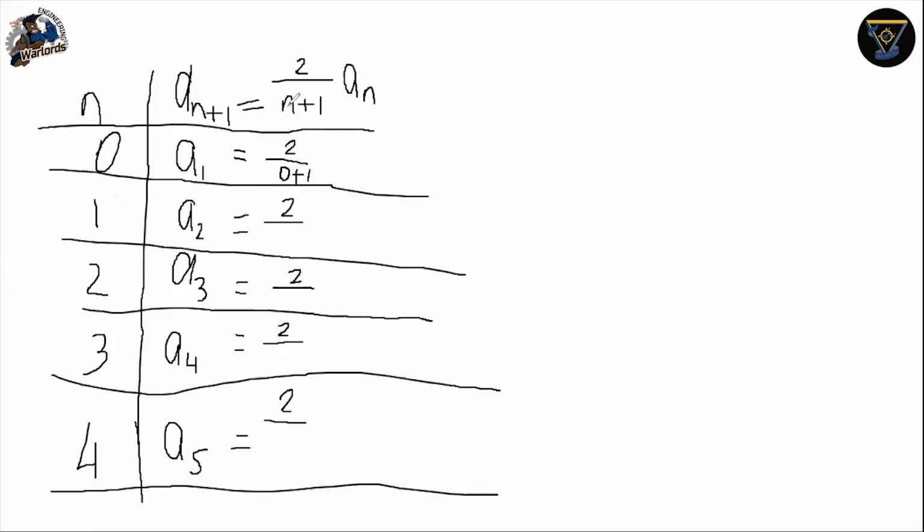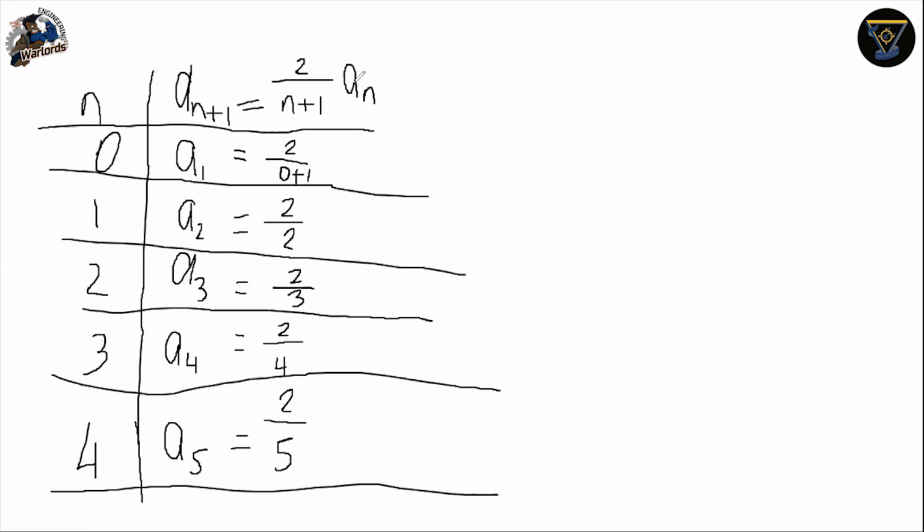If we put 1 into this, it's going to be 1 plus 1, which is what? 2, right? If we put 2 into n, it's going to be 3. That means that this is going to be 4, and this is going to be 5, right?